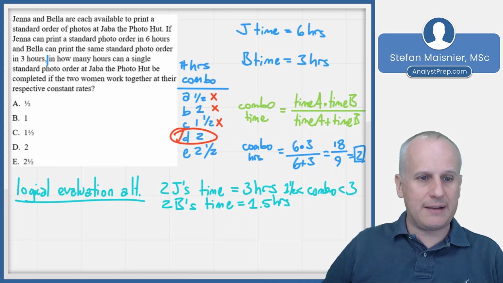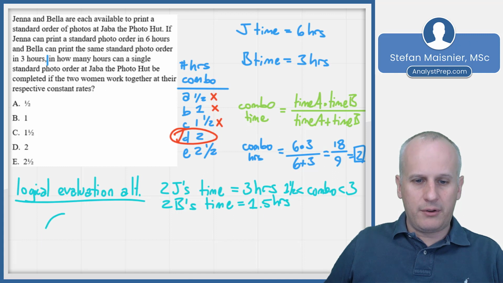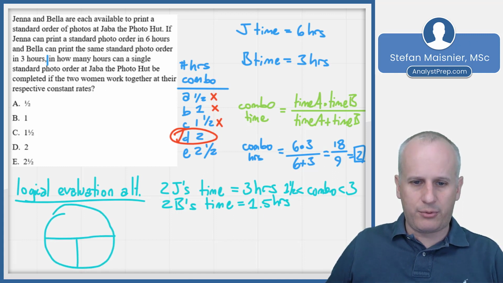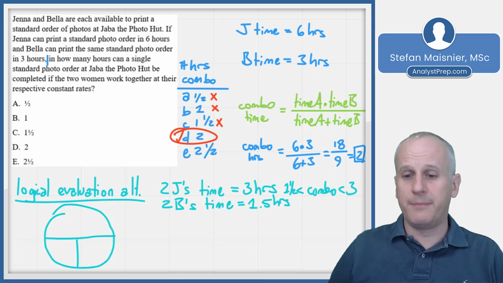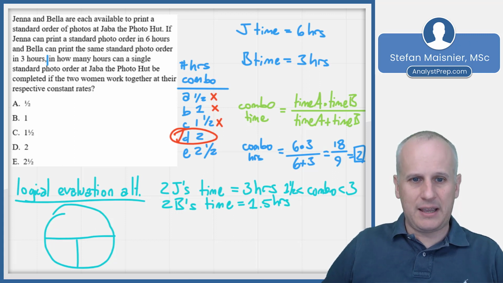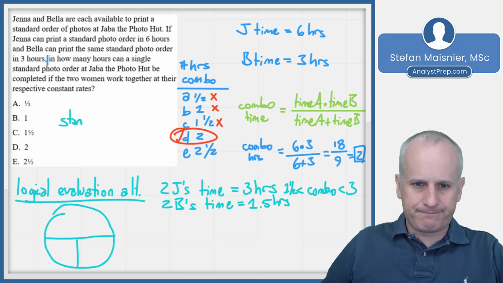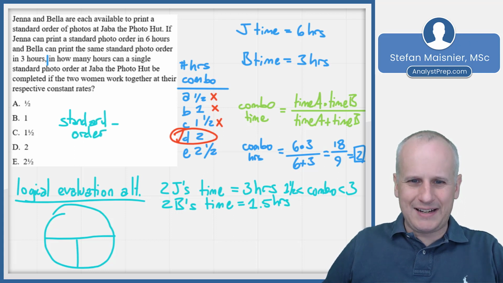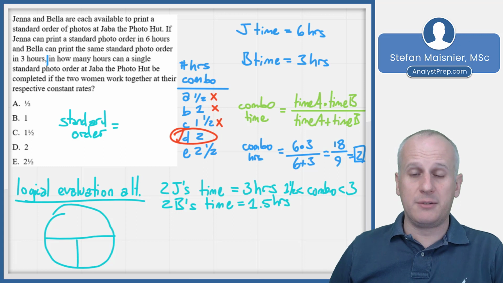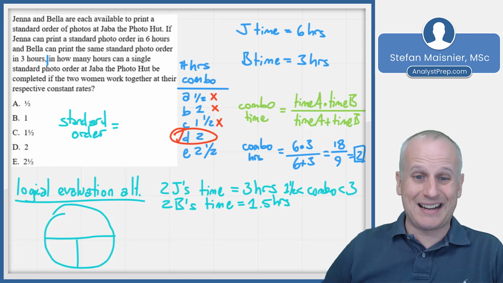Now, that said, to work through the last little bit here, we could also just set up a little ratio or a rate circle. So if we said a standard photo order, we'll say standard order, and we want to set that equal to a value that is divisible by both 6 and 3, and it's not accidental that it's the same 18 that we could use.